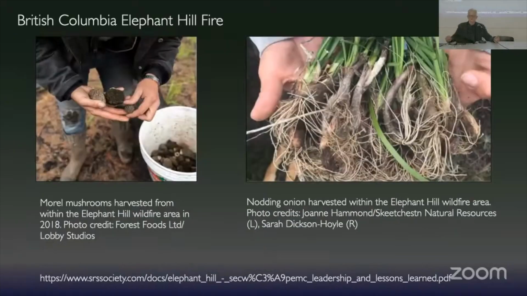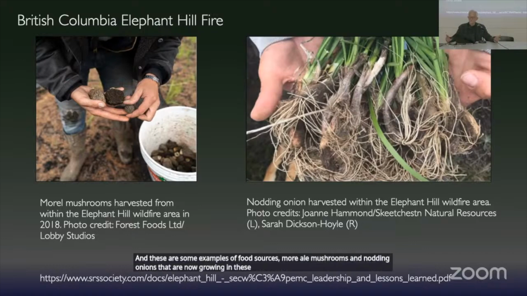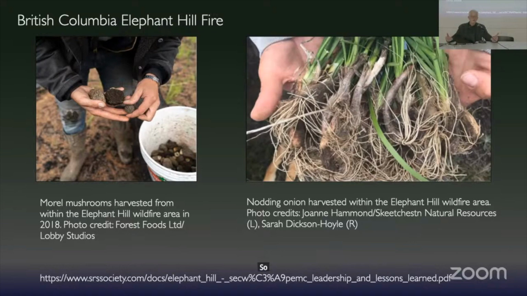And these are some examples of food sources, morel mushrooms and nodding onions, that are now growing in these burnt areas. So under the care of controlled burning and indigenous practices, these food sources are now coming back.